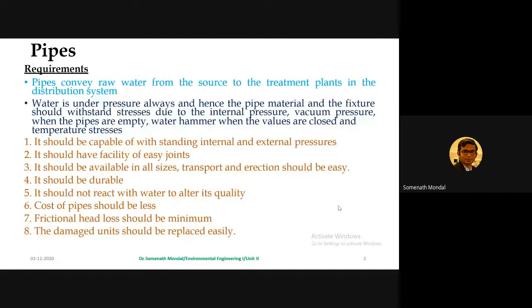Now pipes, as I mentioned, are the most important components, and since they are pressure conduits, that means they will have more pressure than the atmospheric pressure. That is why we need to ensure the material and the stability of these components. Since water is always under pressure, the pipe material and the fixtures should withstand the stress due to internal pressure, vacuum pressure when the pipes are empty, water hammer when the valves are closed, and temperature stresses.